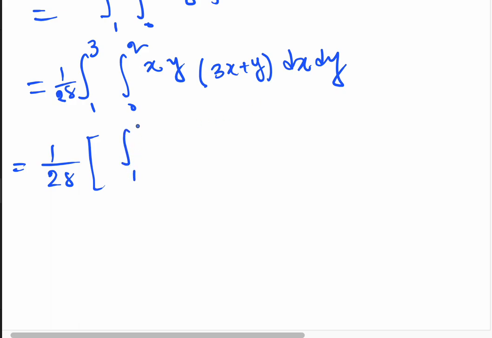First integration will be integration with respect to y. So if I integrate, the first term will be 3x square y square by 2.